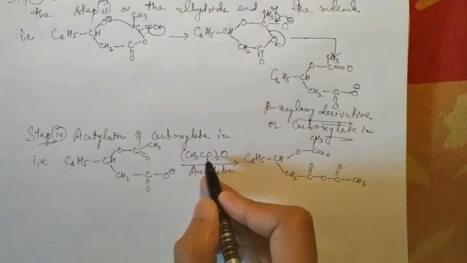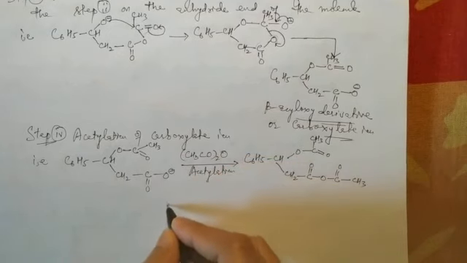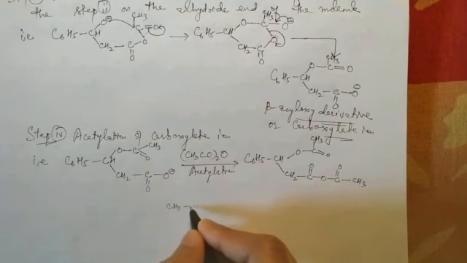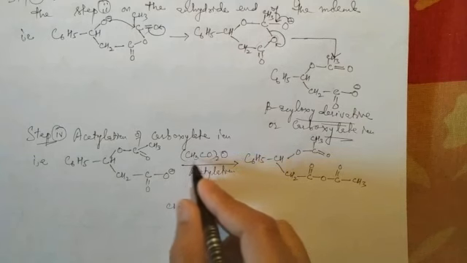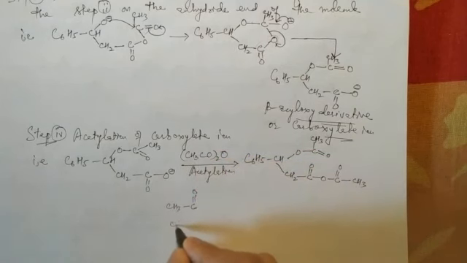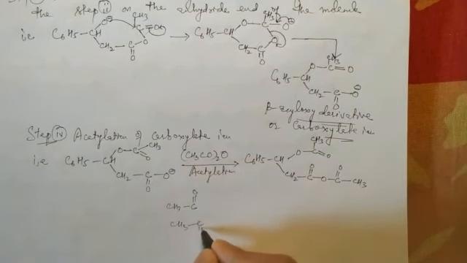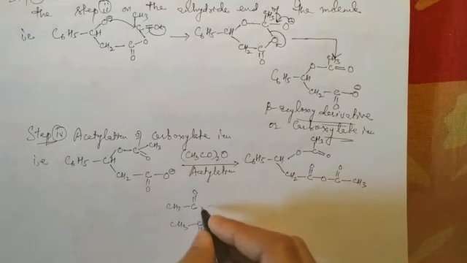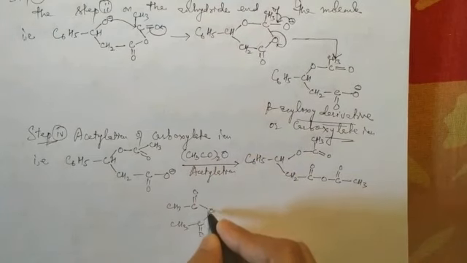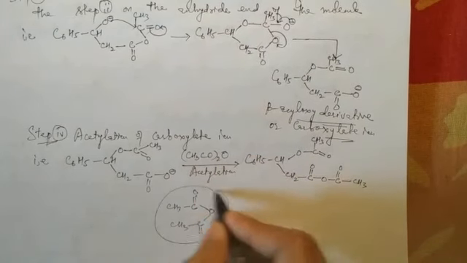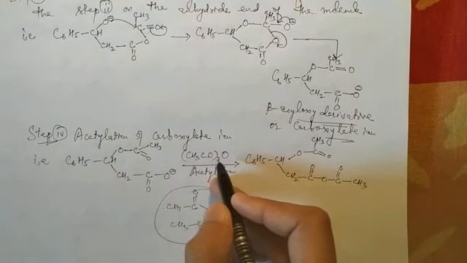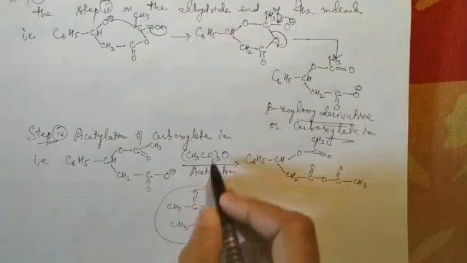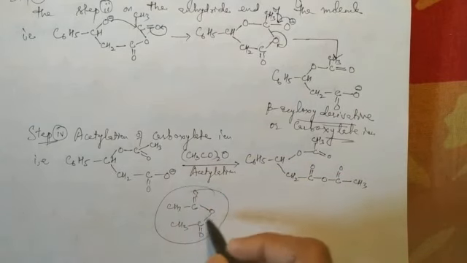Since this is the acid anhydride, it can be exposed as (CH3CO)2O, that is, again CH3C double bond O, and this oxygen is connected to both. So this is the overall structure of this acid anhydride, here acetic anhydride.